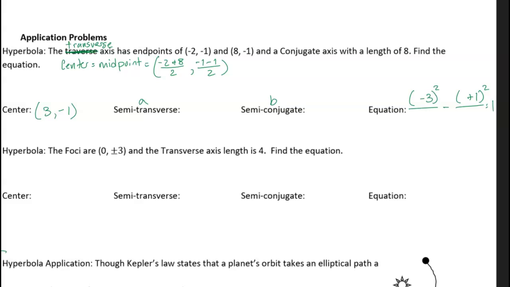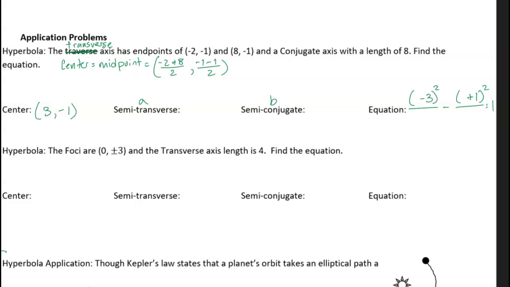Now, we are going to find the semi-transverse and semi-conjugate, but let me ask you this first. Is this a horizontal hyperbola or is it a vertical hyperbola? It is horizontal. Do you know why? Or how did you figure that out? Yes.